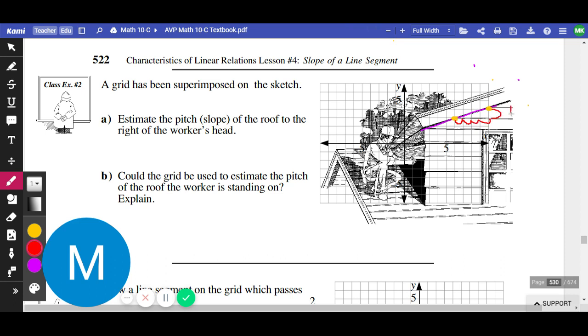Our estimated pitch of the roof, or slope of the roof, is 1 over 4. That's the same thing as saying 0.25, if you want to do a decimal slope. We don't really do decimals, but just in case you're wondering.